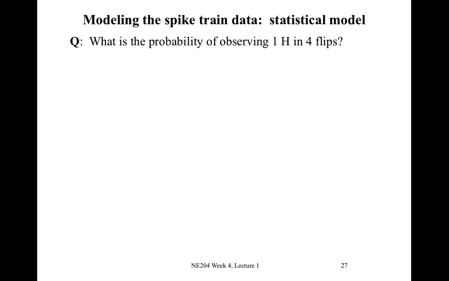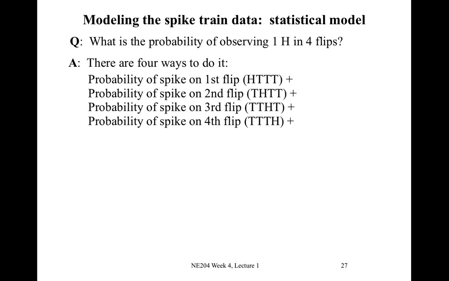So what is the probability of observing 1 H in 4 coin flips? We've seen that there are 4 ways to do it, so we're going to add up those 4 different ways. We have the probability of an H on the first coin flip, where notice the H is in the first position. And we're going to add to that the probability of an H on the second coin flip, second position, the same for the third flip, the fourth flip.